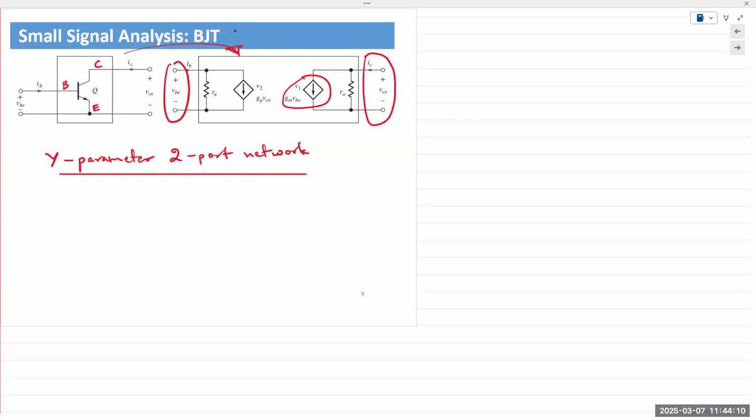GM, again, G is representing the conductance. So in this case, GM would be the current over voltage.